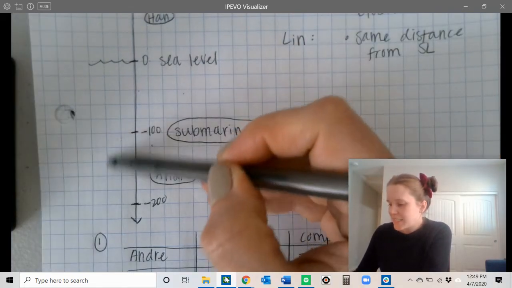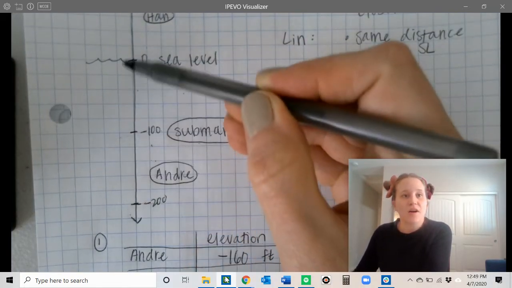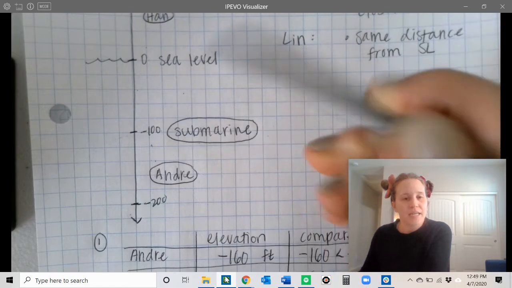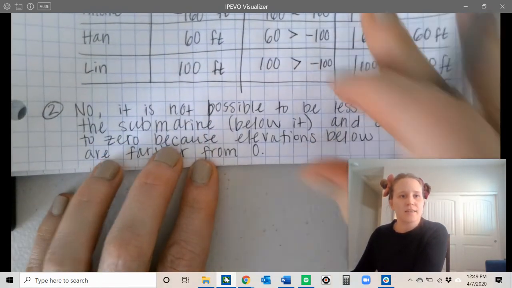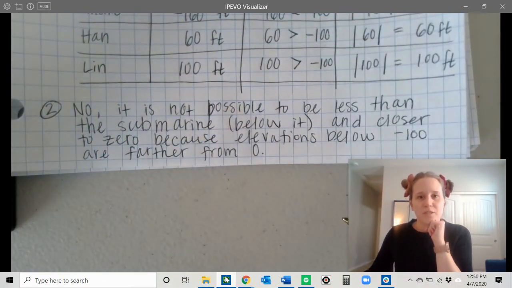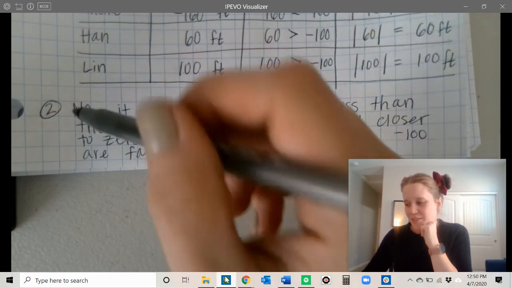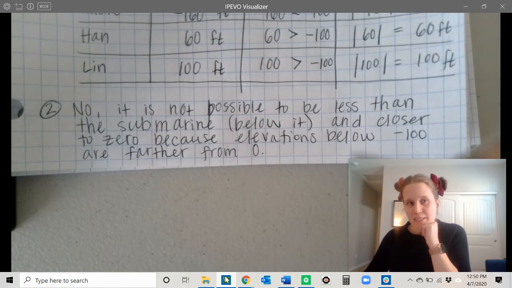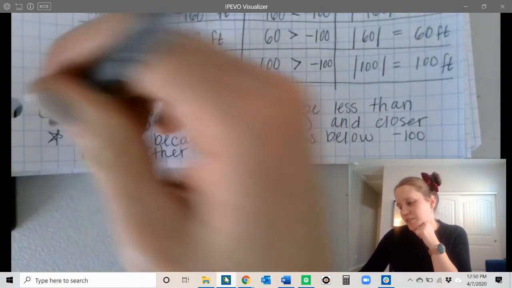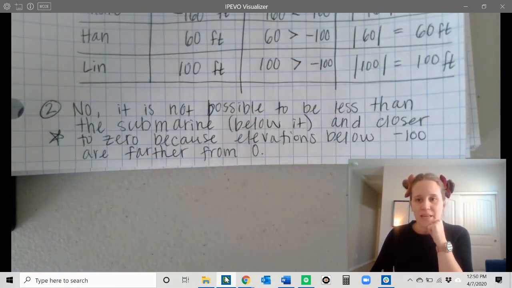Now, everything less than the submarine is farther away from 0 than the submarine is. So here's my answer. No, it is not possible to be less than the submarine, below it, and closer to 0 because elevations below negative 100 are farther from 0. Okay. If you said no, it's not possible, and you left an explanation that's similar to mine, go ahead and give yourself a star. Way to go. I love that question.